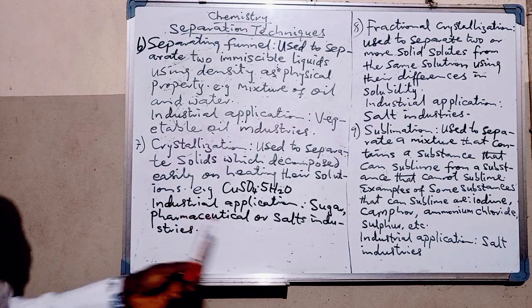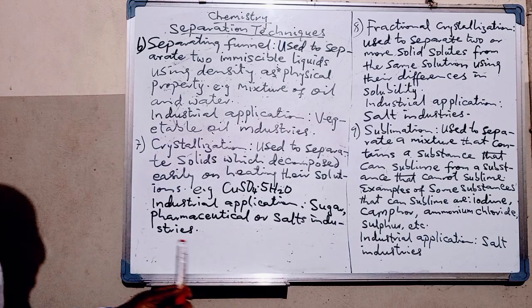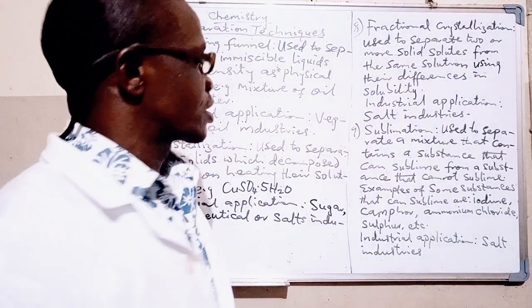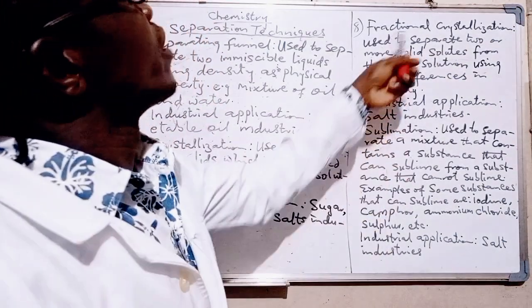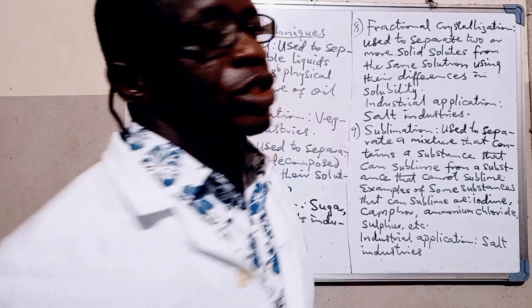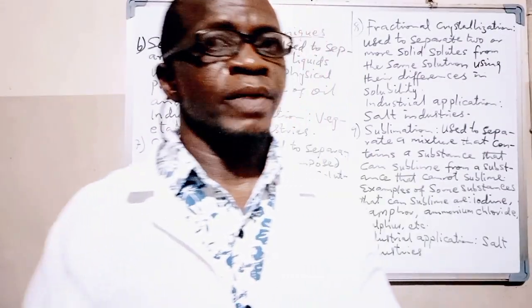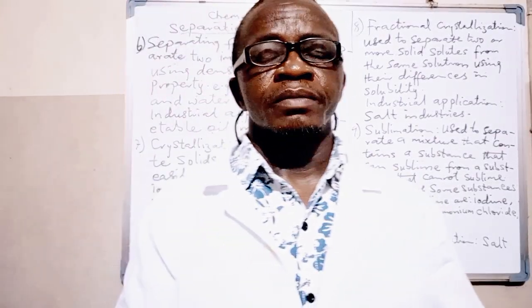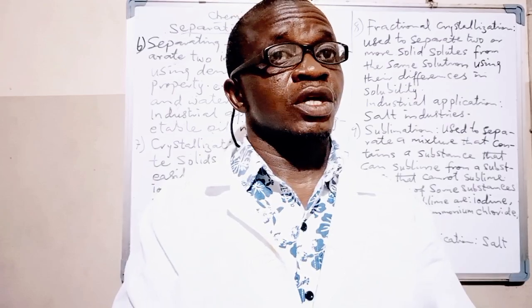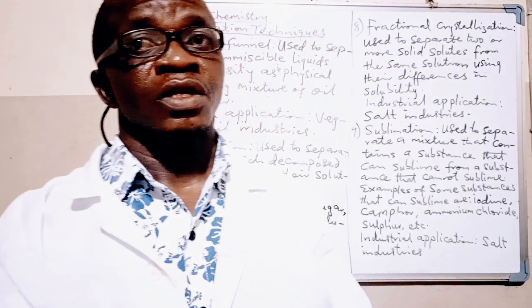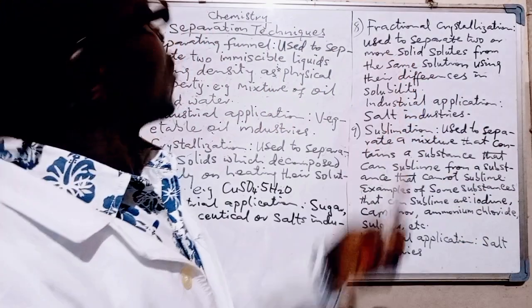Now, industrial application of crystallization: sugar, pharmaceutical, salt industries. Any of these can use that technique. Fractional crystallization, just the same way we talked about simple distillation and fractional distillation, is this one now.